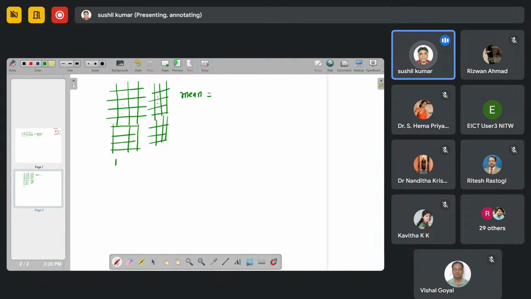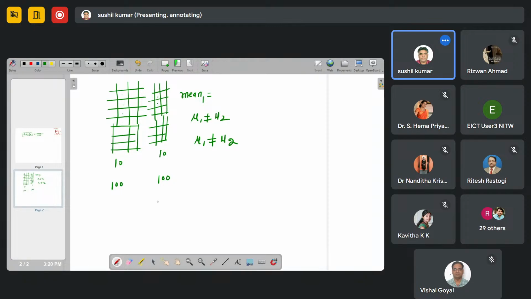Now you take 10 features and 10 features, then the separation will increase, and mean mu1 will not be equal to mu2. Chances increase that they will not be equal. Again, if you increase it to 100 features here and 100 features here, chances are there will be more separability between mean mu1 and mu2.